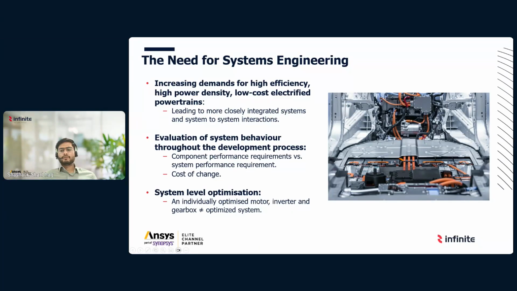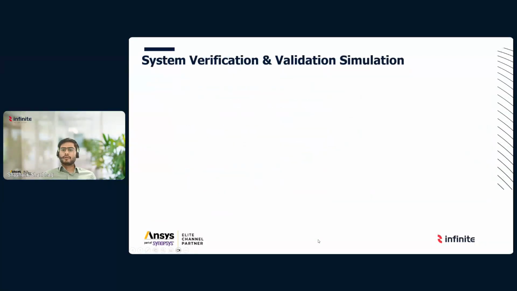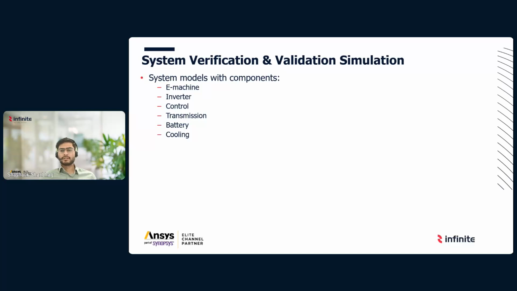When we look at overall system-level optimization, an individually optimized motor, inverter, or transmission doesn't necessarily mean that it's an optimized system, and it's very important to consider this throughout the design process. For an e-machine, we look at some of the components. We often combine the machine design with components like the inverter and transmission, the control systems, the battery in the case of a vehicle, and cooling, which is sometimes shared between the components.